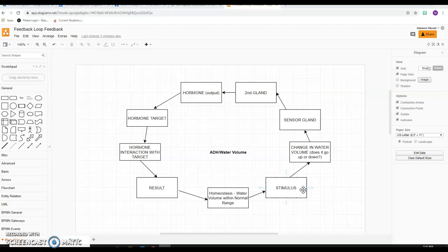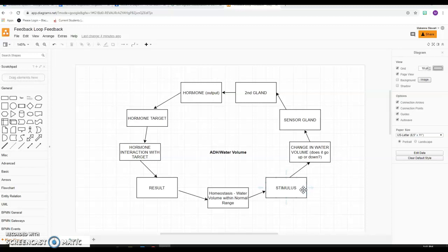But in this feedback loop, I wouldn't use a stimulus that wouldn't change the water volume. So, for example, if I said got a fever, well, that's a stimulus for some things, but that's not really a stimulus that's going to kind of jumpstart this feedback loop.